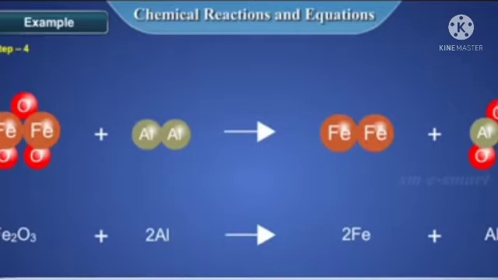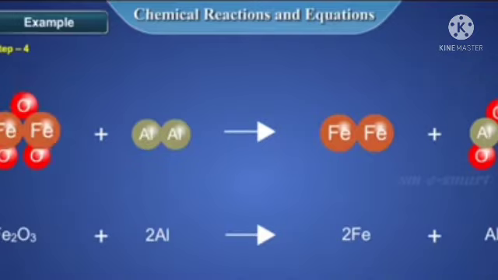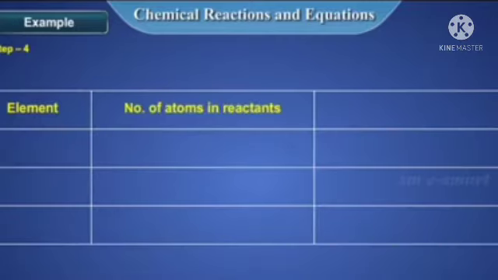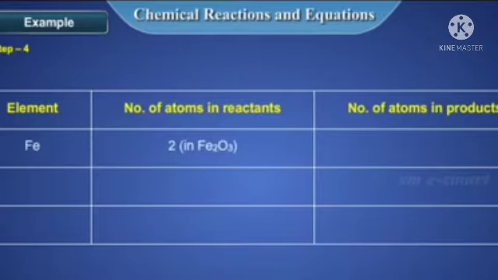Finally, check the correctness of the balanced equation. Count the number of atoms of each element on both sides of the equation. Number of atoms in reactants, number of atoms in products. Iron: 2 in reactants, 2 in products.